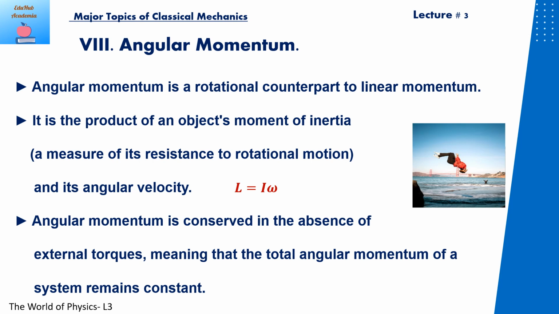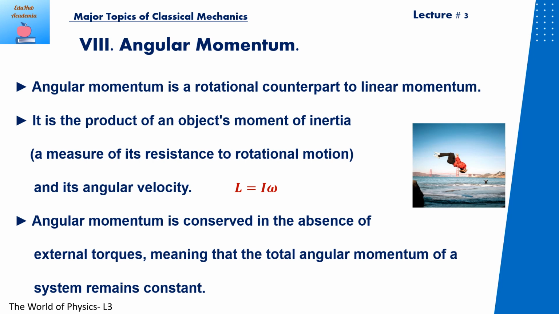What is I? What is this moment of inertia? It is the measure of how much resistance an object will give to oppose the rotation. It's called moment of inertia.